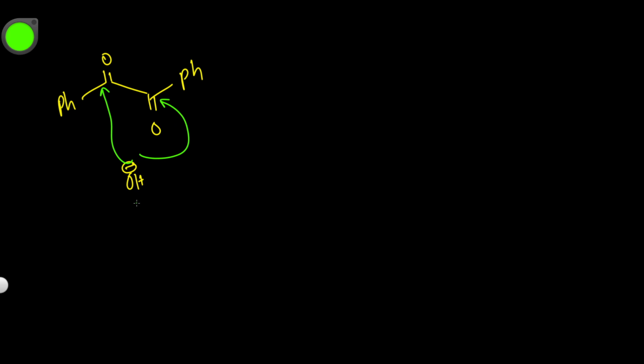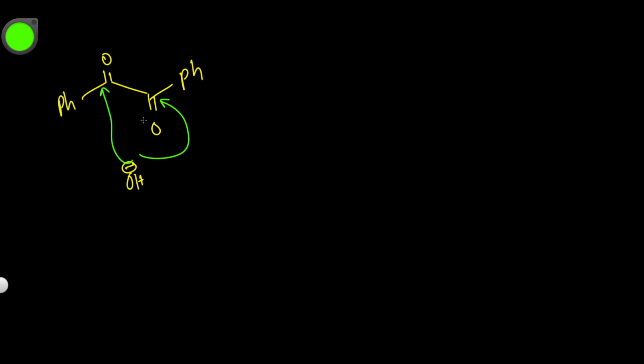What happens next is Ph, C double bond O, Ph, and here is the OH minus. Because they are both identical, it does not matter where you attack the OH minus, either this position or this position, because in the end you will find the same product.